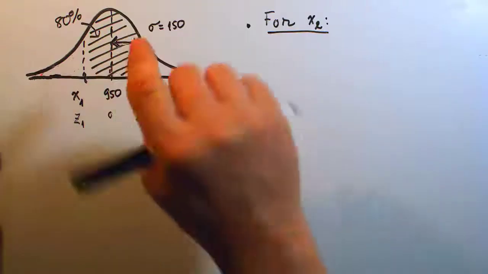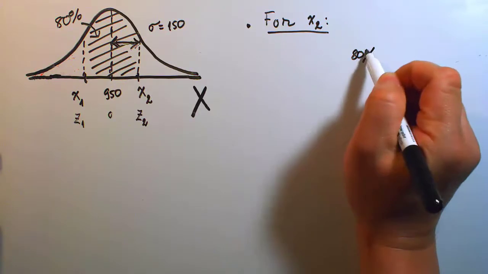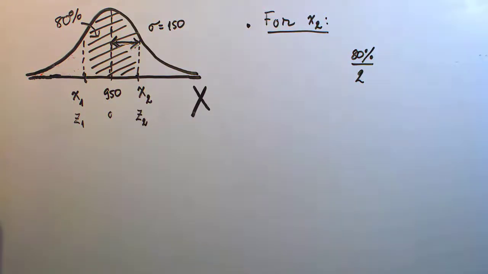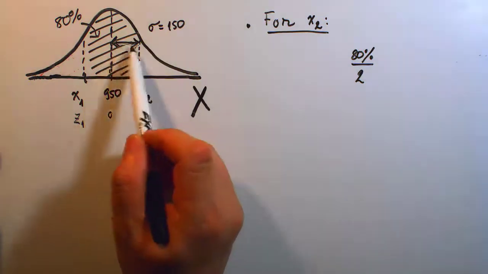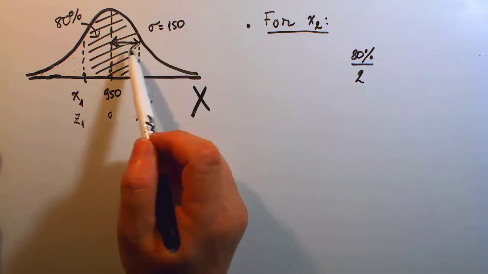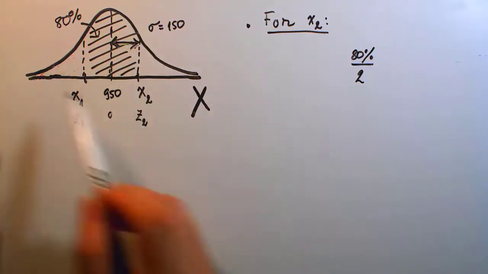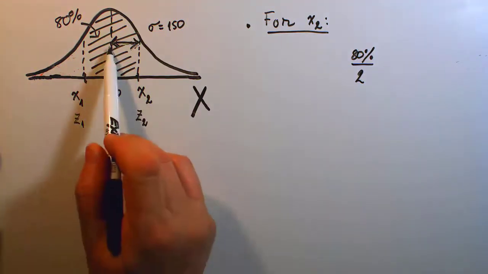So that area there being shaded there is 80%, but cut in half. But that's not the whole area, but that is part of the area, to be correct. This part of the area here is part of the area to the left side of our cutoff x2 right here. So what's the rest of that?